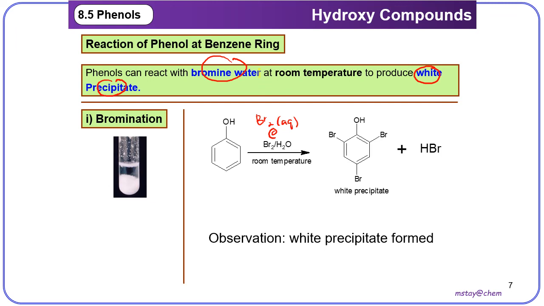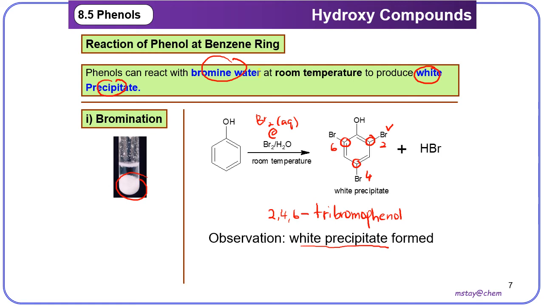If the bromine water reacts with the phenol, the color of the bromine, which is reddish brown, will decolorize, but at the same time a white precipitate is formed. The Br will attach to the second carbon, fourth carbon, and sixth carbon. So this white precipitate is known as 2,4,6-tribromophenol. The position of the bromine is fixed, must be carbon 2, carbon 4, and carbon 6.